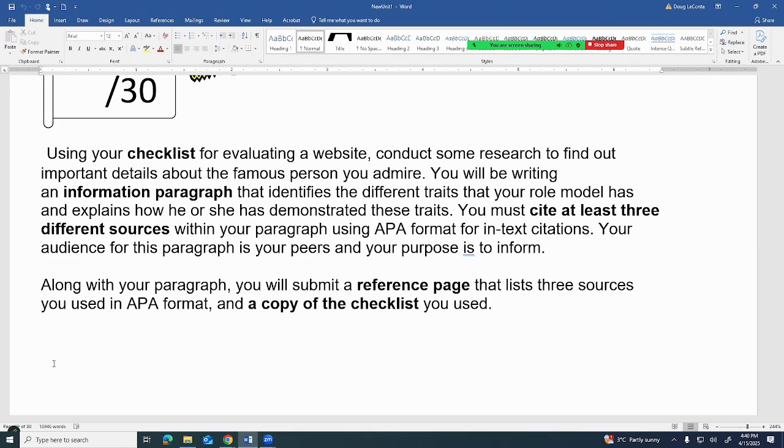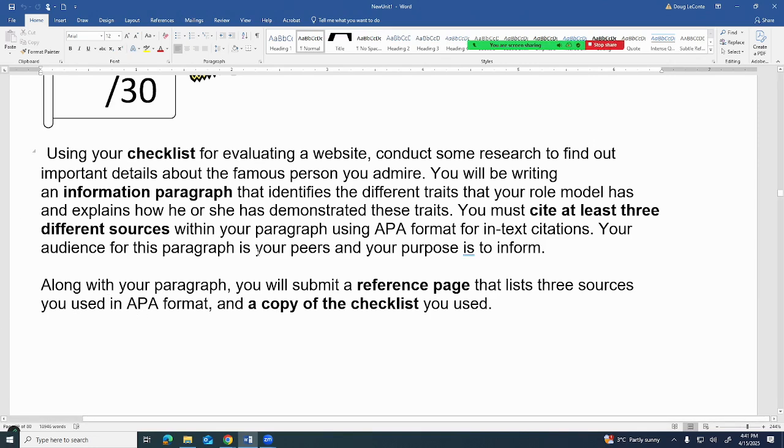You must cite at least three different sources within your paragraph using APA format for in-text citations. Your audience for this paragraph is your peers, and your purpose is to inform. Along with your paragraph, you will submit a reference page that lists three sources you used in APA format and a copy of the checklist that you used.